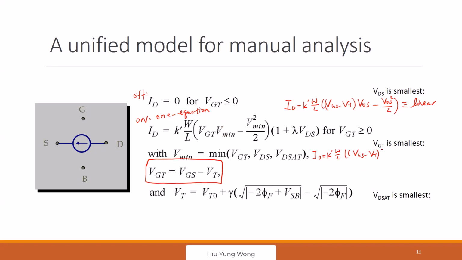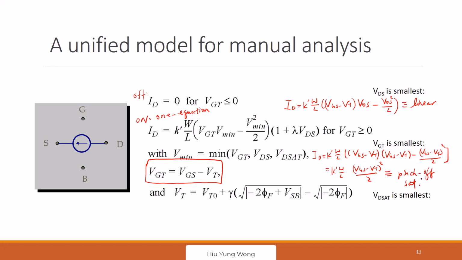I'm going to plug in Vmin as VGT, which is VGS minus VT, minus VGS minus VT again, squared, divided by 2. Obviously, this is the square minus half, right? So what is this equation? VGS minus VT squared divided by 2. Hey, this is the same as our pinch-off saturation equation we learned in undergraduate class.